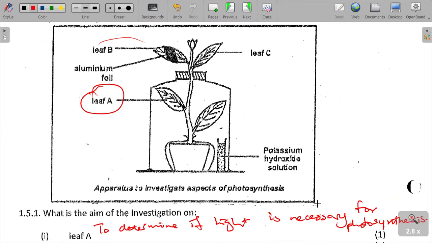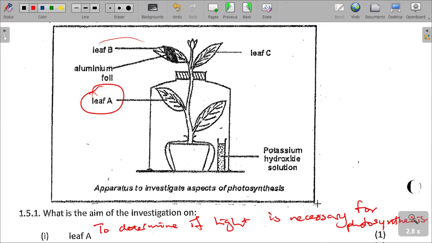And then leaf B. Part of it is covered with aluminum foil. So we want to investigate whether carbon dioxide is required for photosynthesis.